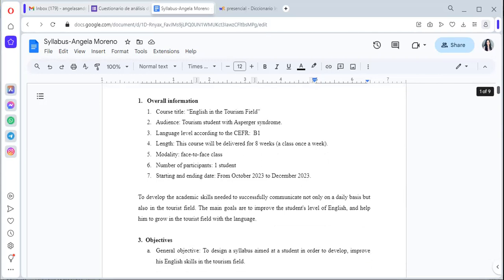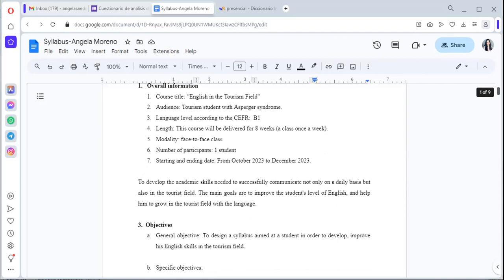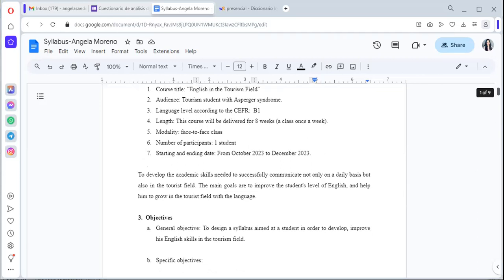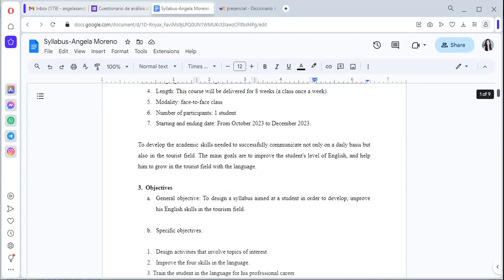Length: this course will be delivered for 8 weeks. A class once a week. Modality: face-to-face class. The number of participants: 1 student. The starting and ending date: from October to December 2023.